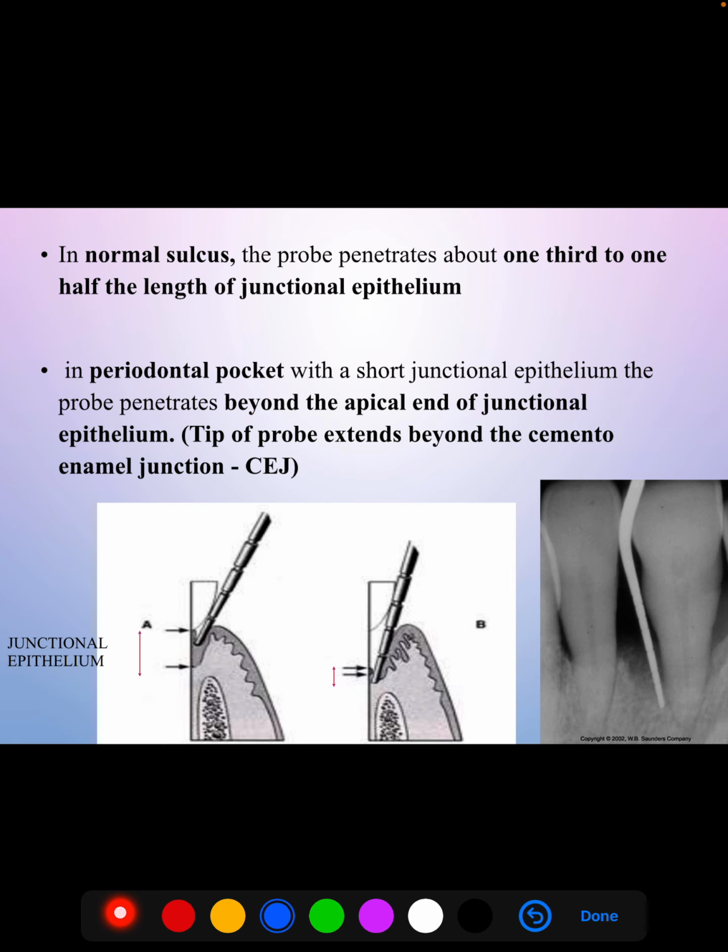In a normal sulcus, the probe can extend to about 1/3 to 1/2 the length of the junctional epithelium, as we can see in the first diagram. Whereas in a periodontal pocket, because of the inflammatory nature, with the same probing force, the periodontal probe can penetrate beyond the apical end of the junctional epithelium, and it may extend beyond the cemento-enamel junction.